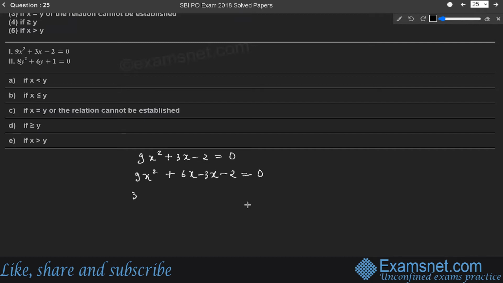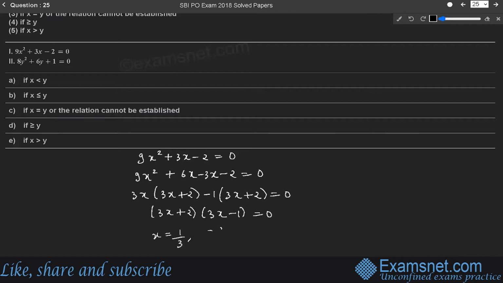Taking 3x common from the first two terms, remaining terms will be 3x plus 2. Similarly, taking minus 1 common from the next two terms, remaining terms will be 3x plus 2. Therefore, the factors will be 3x plus 2 and 3x minus 1 is equal to 0. So, x will be equal to 1 by 3 and x will be equal to minus of 2 by 3.